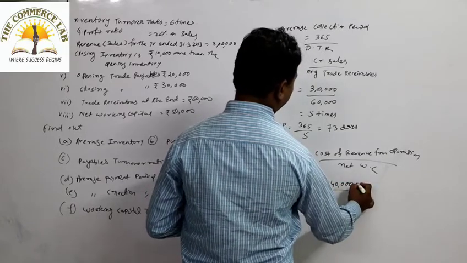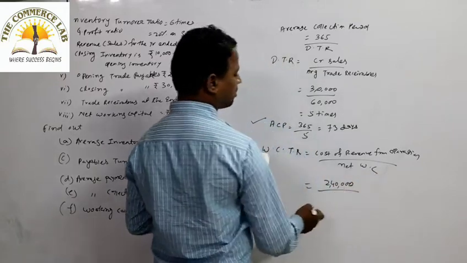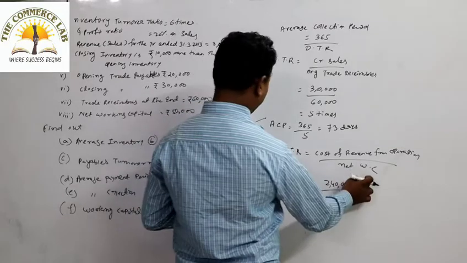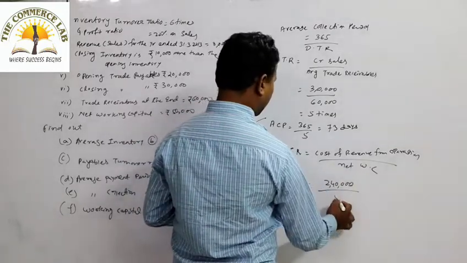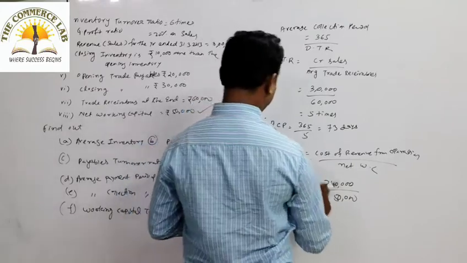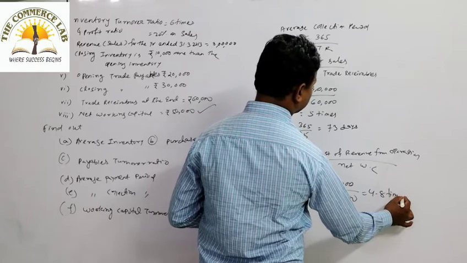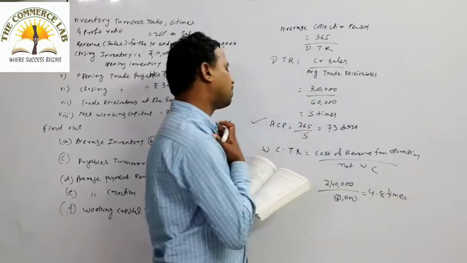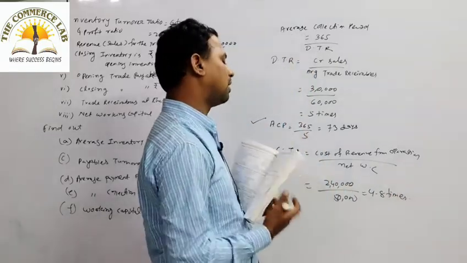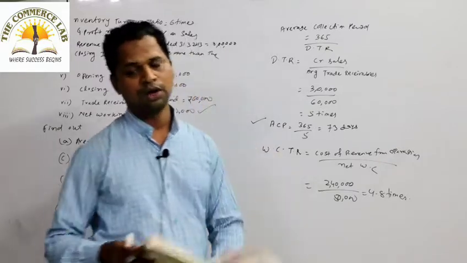Cost of goods sold we have to take, or cost of revenue from operation if it is given in the question. Net working capital is already given in the question, that is 50,000. So 2,40,000 by 50,000, that is 4.8 times. So in a year 4.8 times, meaning roughly 5 times the working capital is being turned over in a particular year.